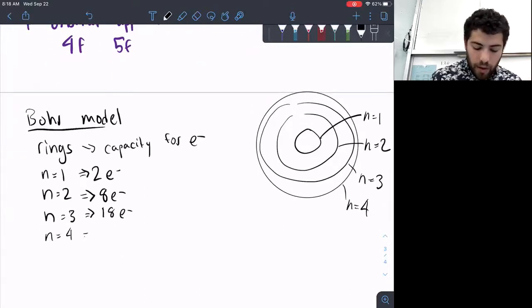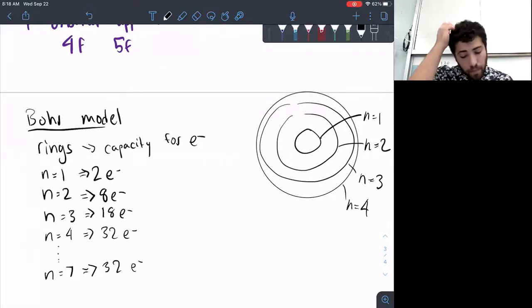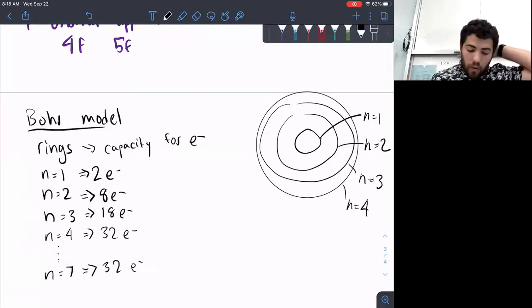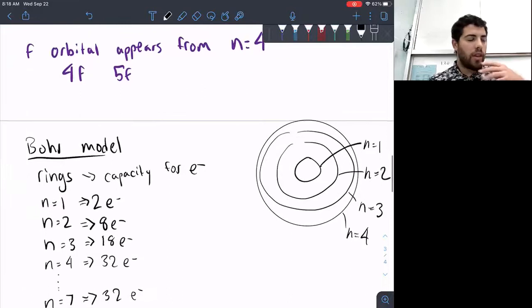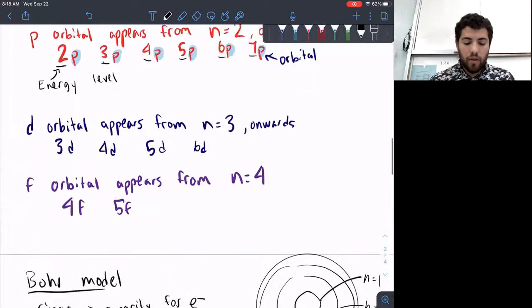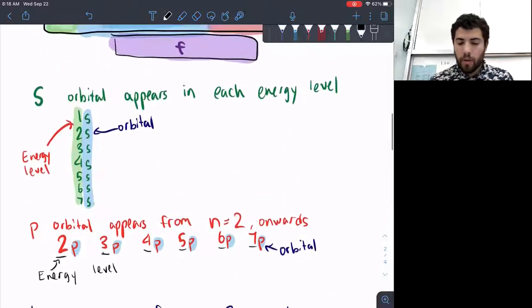And the fourth ring can hold 32 electrons. And this actually is the same all the way to the 7th, which also holds 32 electrons. So the question is, where did those even come from? Well, we're actually going to come back up to our orbitals first.